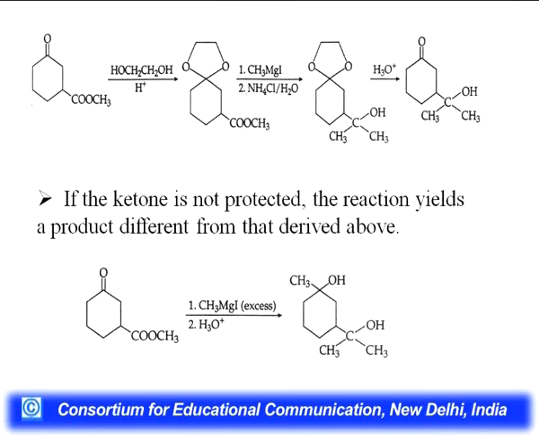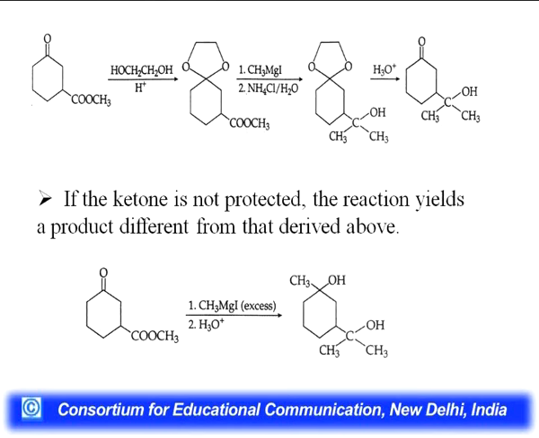So you can see the COOCH3 methyl ester group is converted to a tertiary alcohol. In the intermediate, first of all we need to protect the keto group with the help of ethane 1,2-diol.